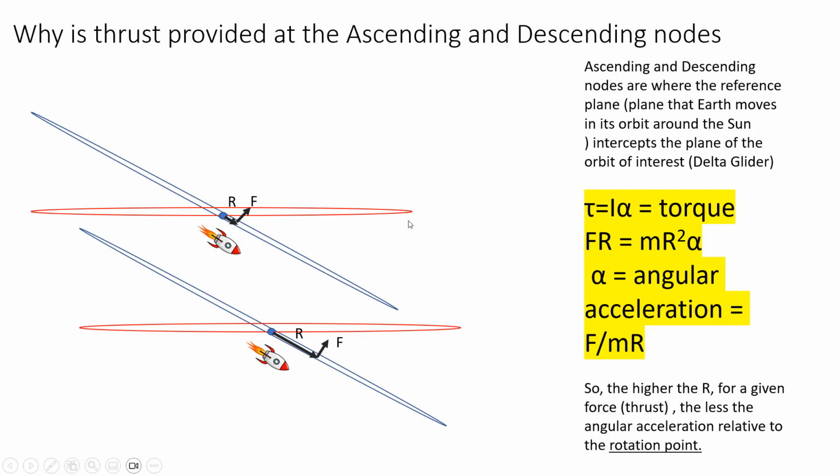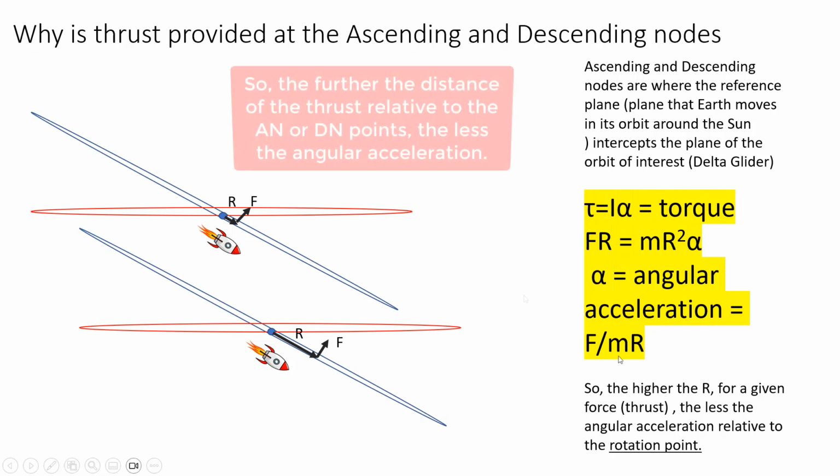The moment of inertia for the spacecraft, assume it's just a point mass to keep it simple, would be mr squared. And again, here's the angular acceleration. So I can solve this for the angular acceleration by dividing both sides by m times r squared. And when I do that, this equation becomes this equation. Angular acceleration is equal to the force, or in this case, the thrust, divided by the mass of the spacecraft times r.